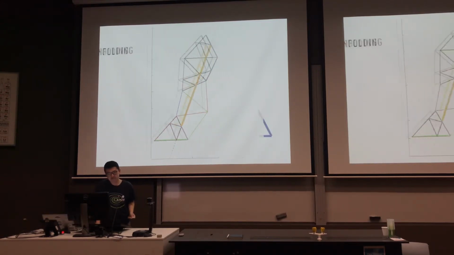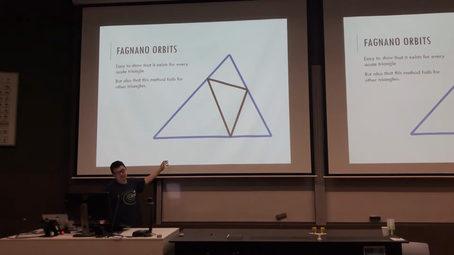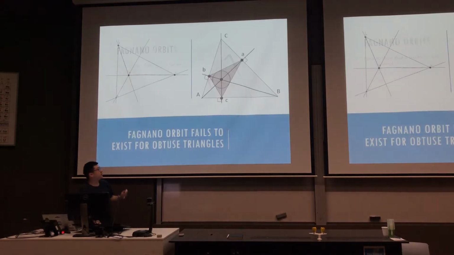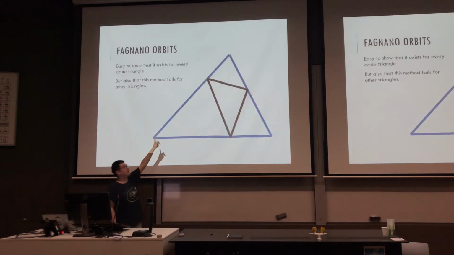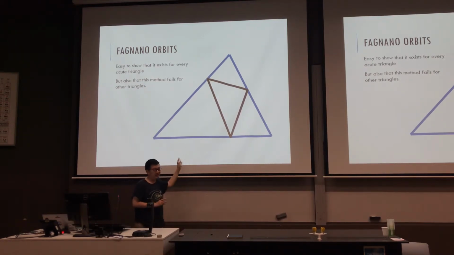However, recall, I just said this method fails for other triangles. Do you want to know why? Yes. Okay. So this construction requires you to draw the 3 altitudes of the big triangle to find the three points defining the black triangle.